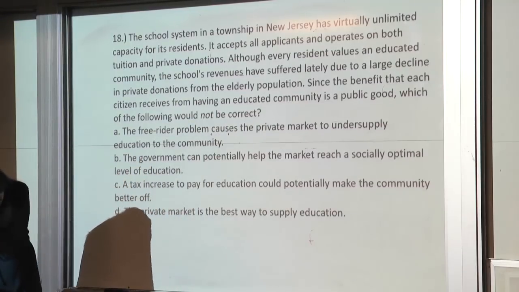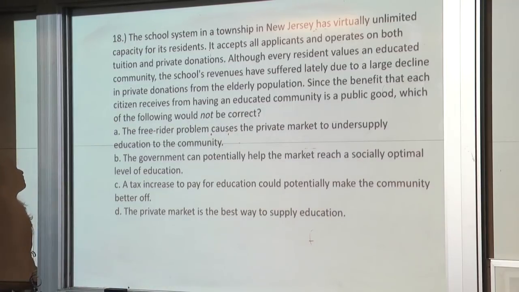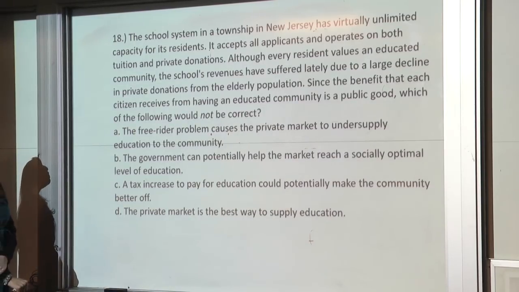Question 18. Okay, the school system in a township in New Jersey has virtually unlimited capacity for its residents. It accepts all applicants and operates on both tuition and private donations.